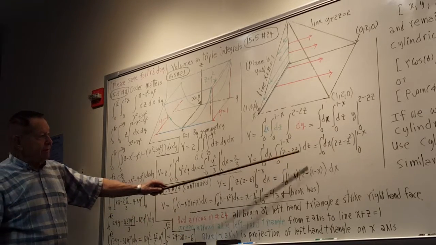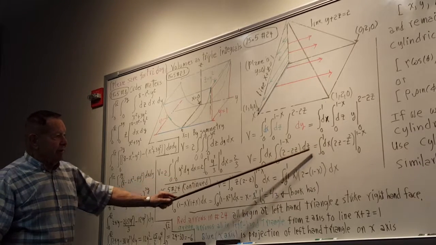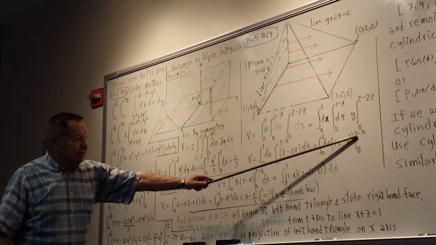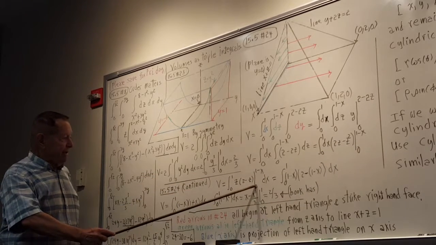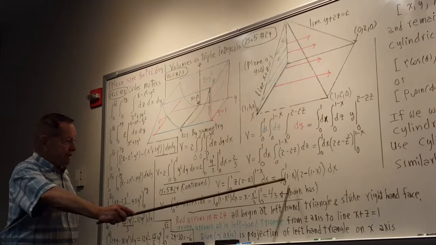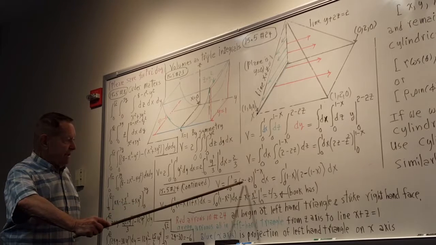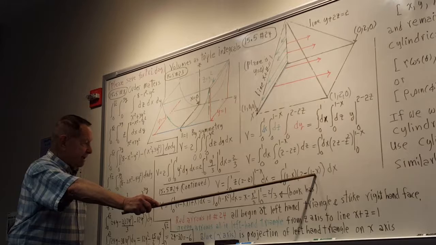So then you're going to have integrated the dy into y and put in 2 minus 2z minus 0. Integrate that, and you'd have 2z minus z squared, and go 0 to 1 minus x, which I've done down here. And so then I replace the z, and I have 1 minus x, and 2 minus the z is there.